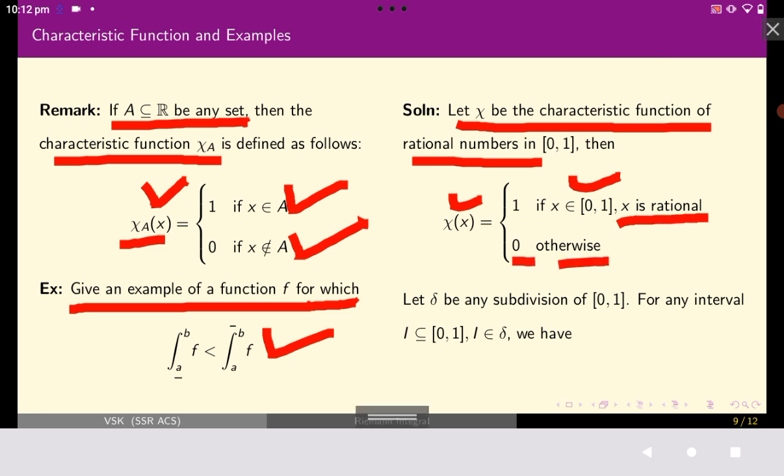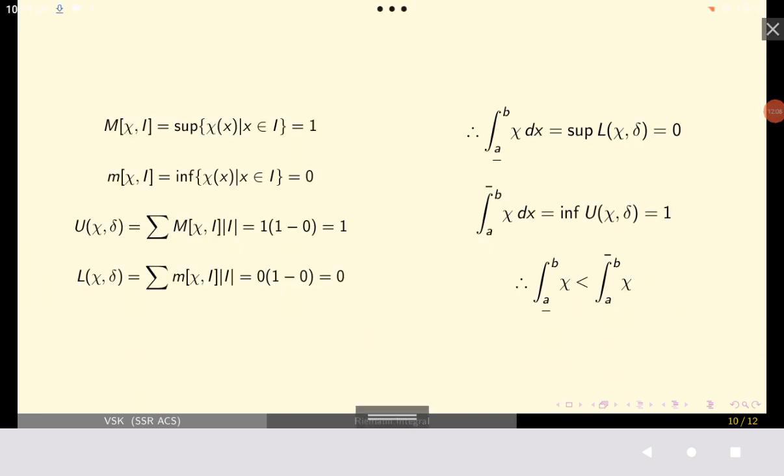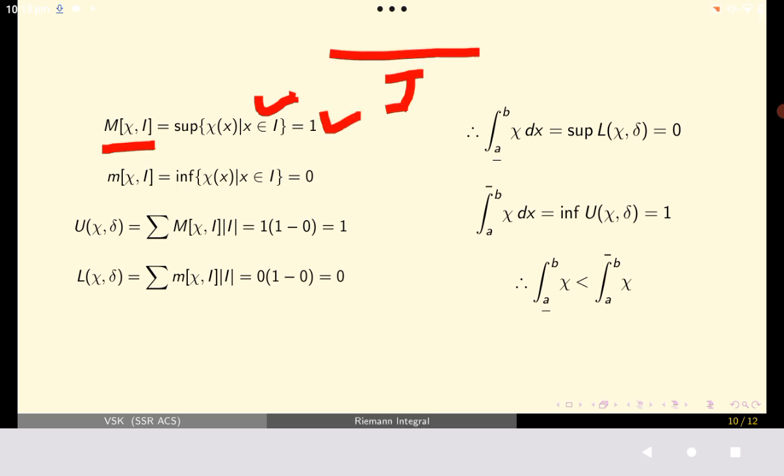Now if sigma is any subdivision of [0,1], then for any interval I in [0,1], whatever it may be, the supremum value of chi on I, M_i, will be 1, because any interval I contains rationals as well as irrationals, and because of the rationals its value will be 1. Similarly, small m_i will be 0 because the interval also contains irrationals, and on an irrational its value is 0.